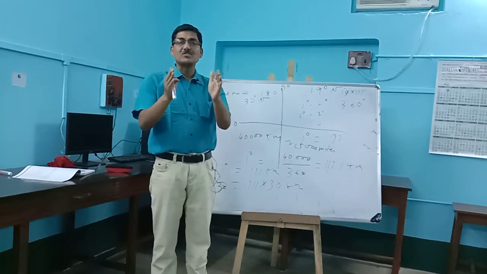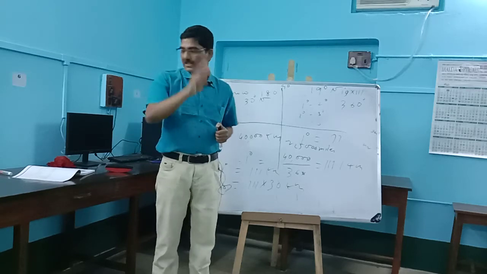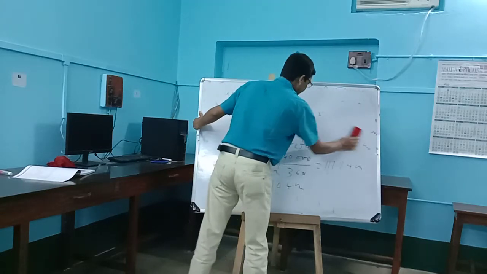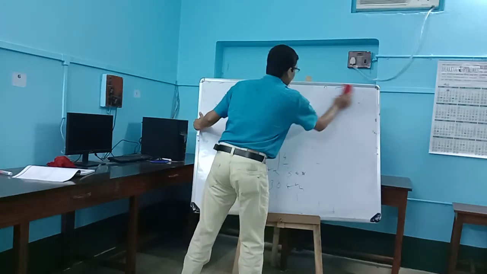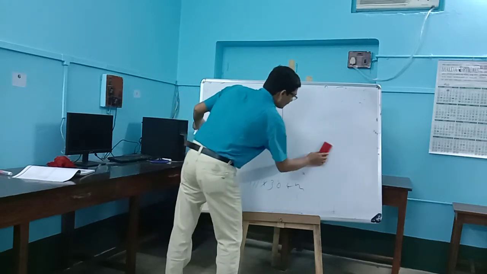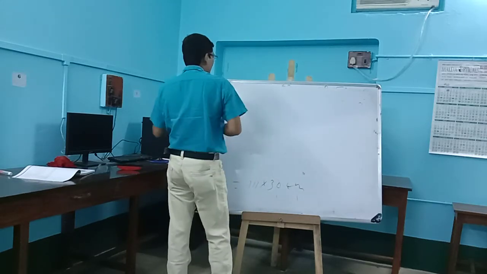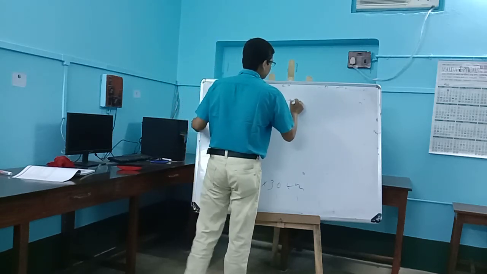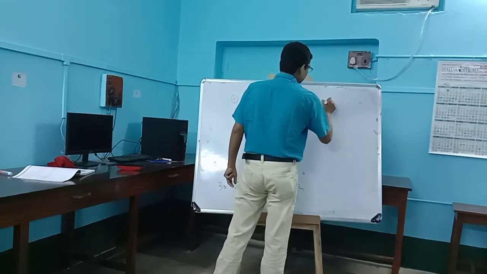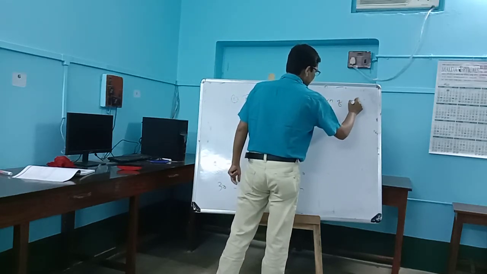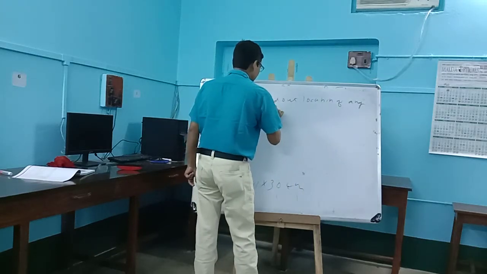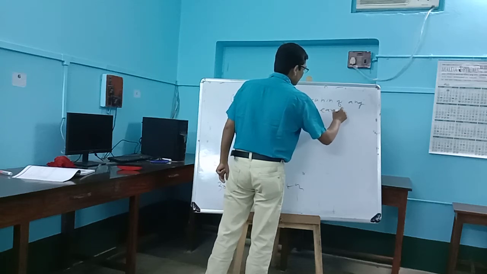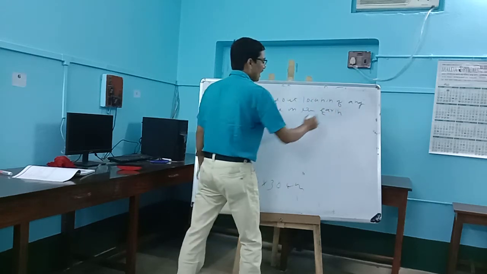Then what are the uses of the lines of latitude? There are 3 uses. Number 1, to find out the location of any place on the earth.